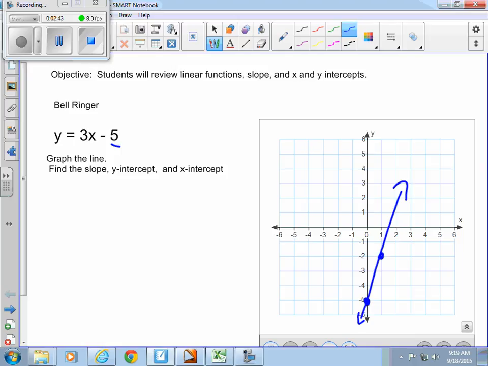And that's the graph. Find the slope. What is the slope? What is the y-intercept? Then it has the x-intercept. I didn't know how to find that. I was not careful enough drawing it, by the way.